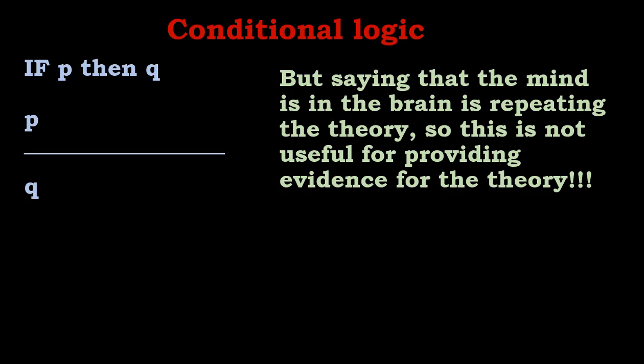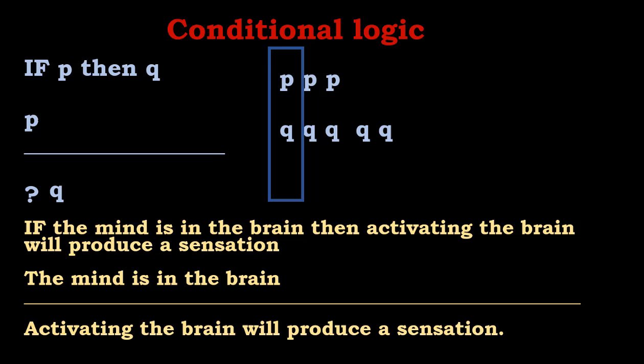Because instead of affirming again the theory, sorry, I will return to the previous slide. So in the second premise, the scientist is saying the mind is in the brain. But that's not what we do. We don't affirm again the theory that is in the premise. What we try to do is to test whether the theory is true.